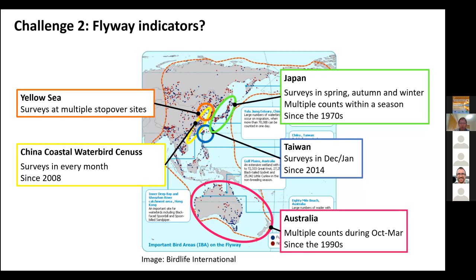But here we are trying to understand the population status of these tremendously mobile species using data for multiple seasons from multiple locations along the flyway. So I think developing flyway level indicators can be a big and novel challenge for us to overcome.